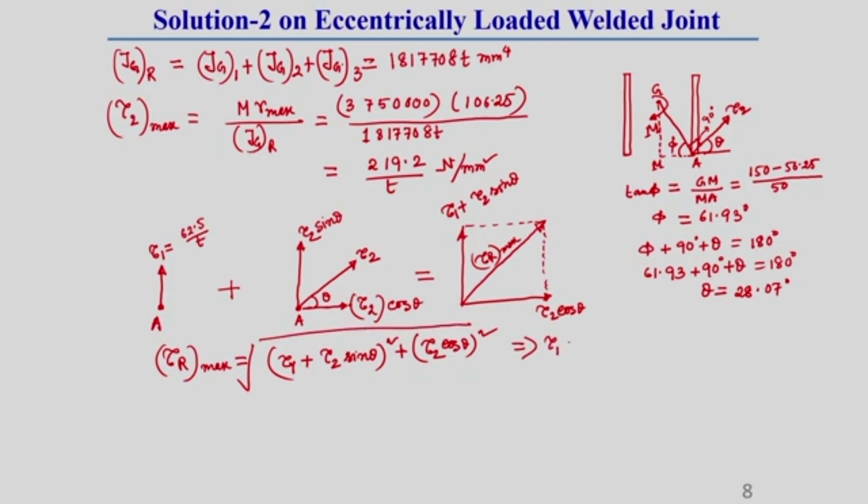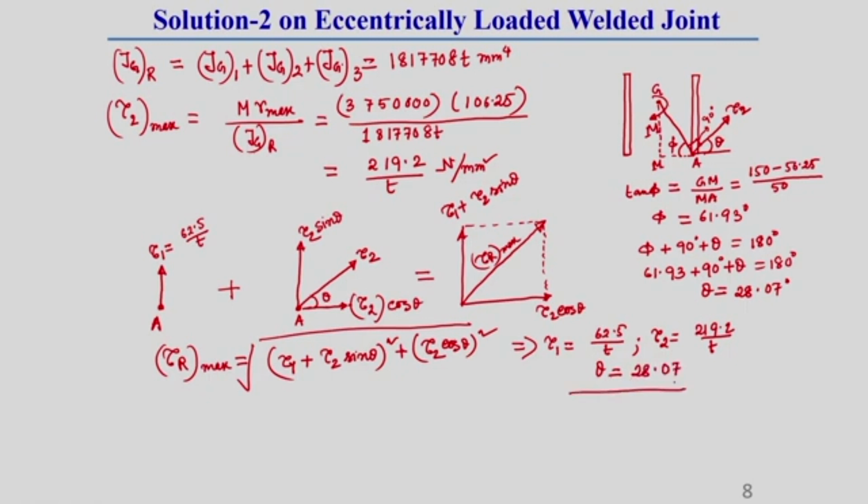From here we know everything. Tau 1 is known to us, 62.5 divided by t. Tau 2 max is also known to us, 219.2 divided by t, and theta is 28.07.